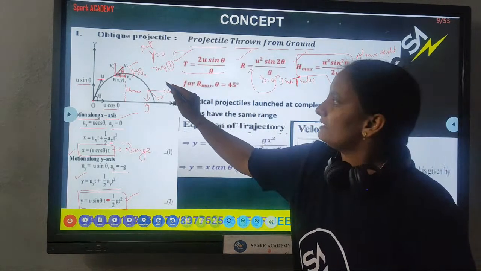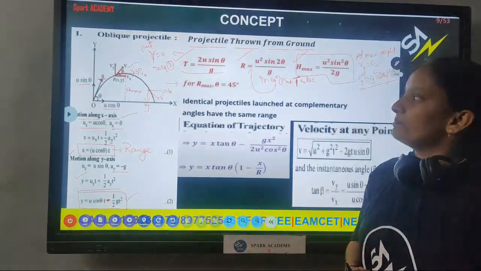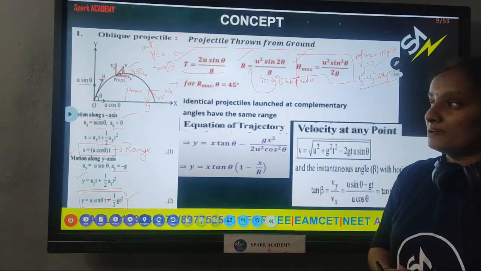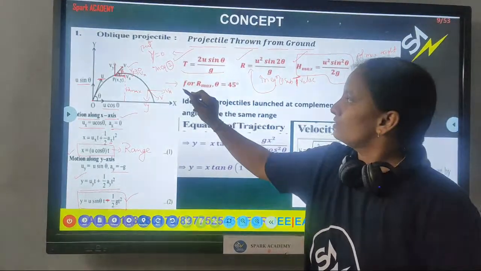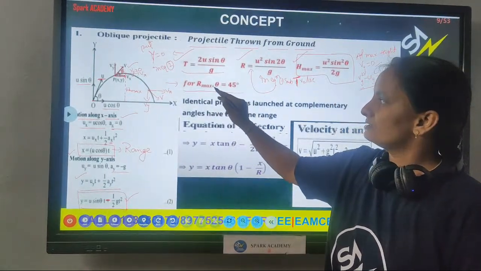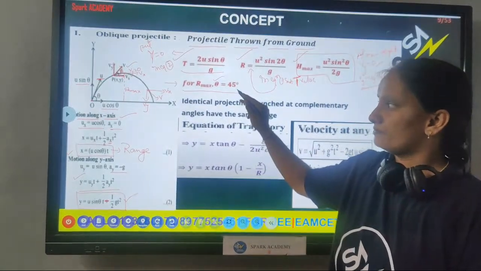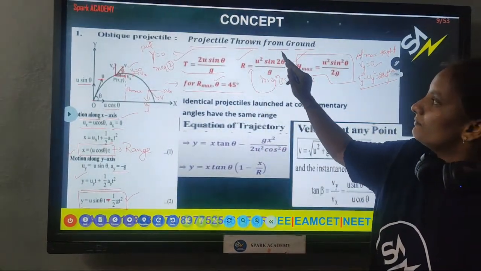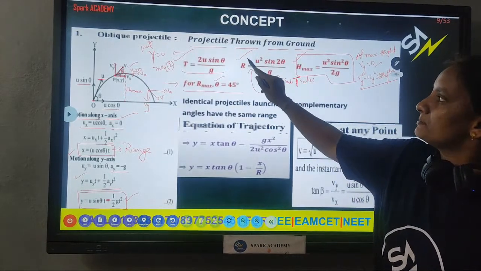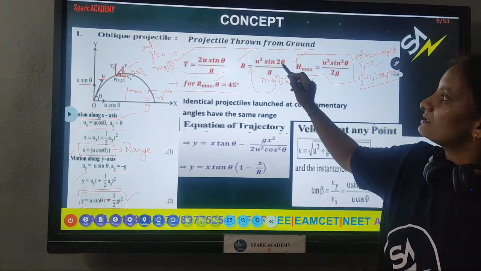Next, let us see for maximum range what will be the angle of projection. For maximum range, the angle of projection should be 45 degrees. The range will be maximum when sin 2 theta is maximum.